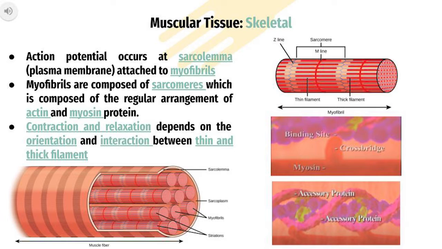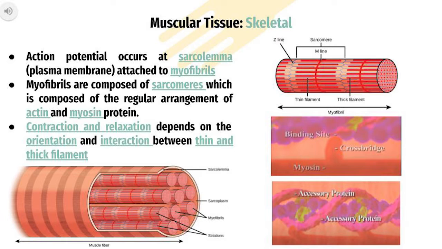Digging deeper, within a skeletal muscle cell, there are hundreds to thousands of parallel cylindrical structures called myofibrils, approximately 1.2 micrometers in diameter, that run the entire length of a muscle fiber. So, if the myofibrils contract, the sarcolemma attached to their ends also contracts. Thus, the whole muscle follows.